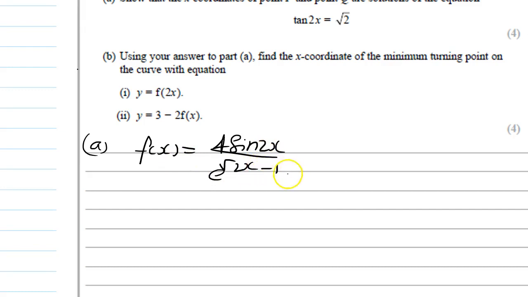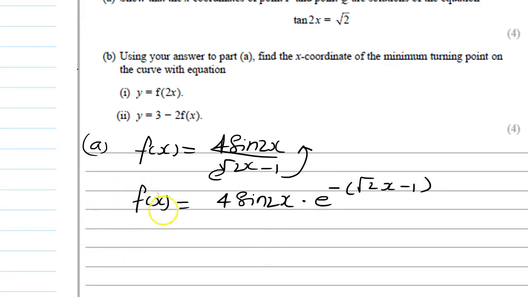If we take this up, it will be 4 sin 2x and e to the power minus root 2 x minus 1. This is f(x), and we can use differentiation with the product rule, that is u and v. So this will be u and this will be v, and we can use the product rule here. So let's use the product rule.